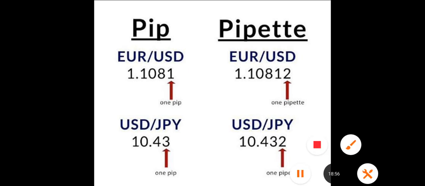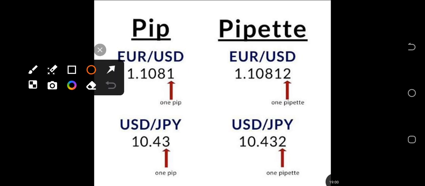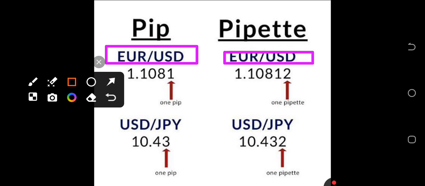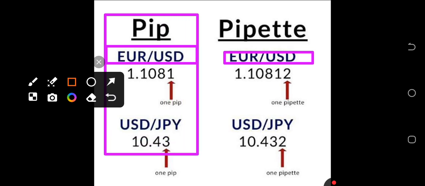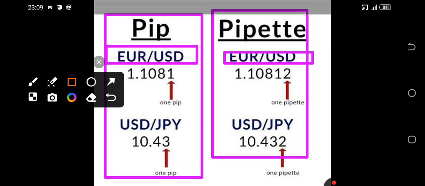If you look carefully, you will see that this is the Euro US dollar pair, where the entire area is illustrating what the pip means, and what the pipet means.